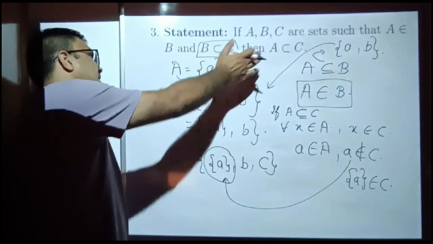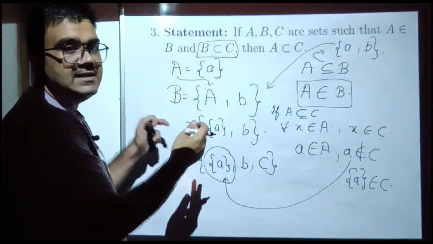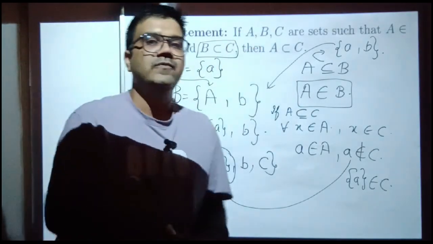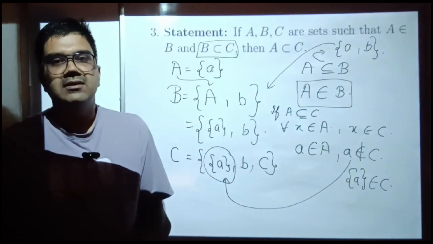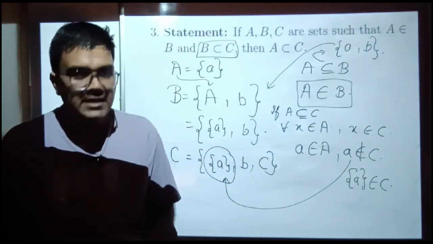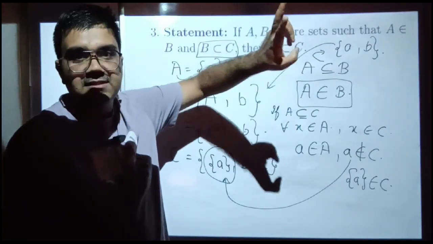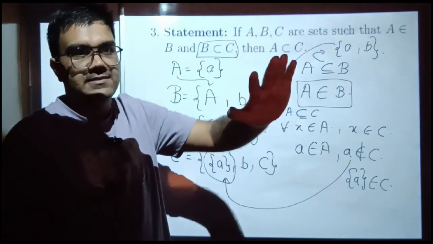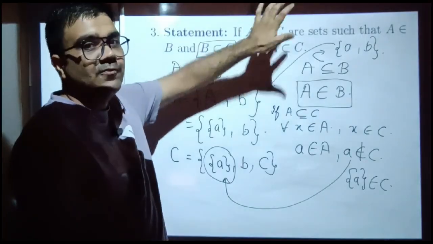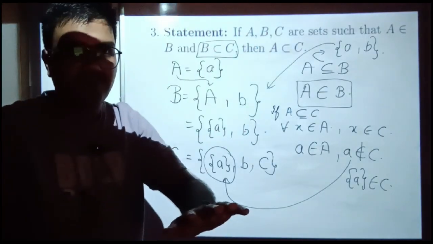So we are saying that this statement is false, and these kind of examples, when we give to disprove a statement, these are called the counter examples. I am again explaining this thing. This statement is given. There were two cases. Either this statement is true or it is false. If this statement is true, we have to give the formal proof.